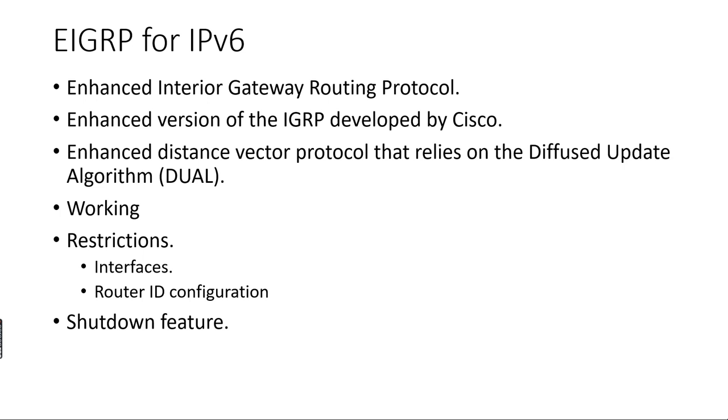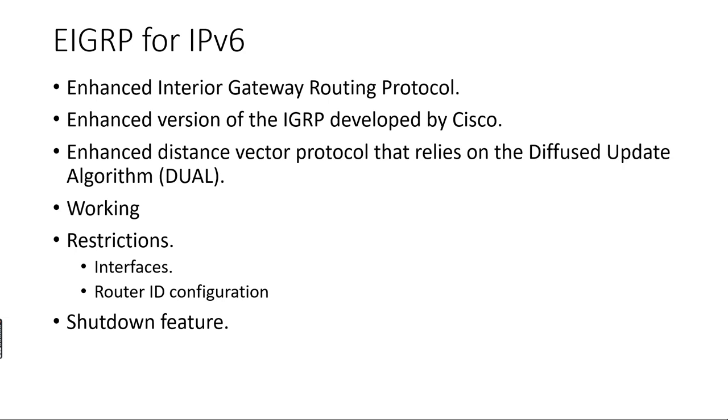First, the restriction about the interfaces: the interface can be directly configured with EIGRP without the use of a global IPv6 address, and there is no network statement in EIGRP. Next, the router ID configuration. The router ID should be configured for the IPv6 protocol instance before it is run.